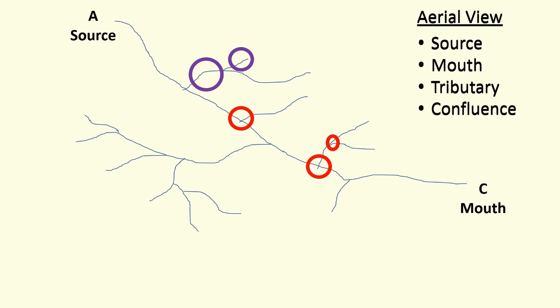So the main river is the blue line running down in the centre, and then you can see there are other blue lines which are representing other rivers that are coming off of it, and those little smaller rivers are joining the main river. Those are called tributaries, and I have circled a couple of them in purple. Those are called tributaries.